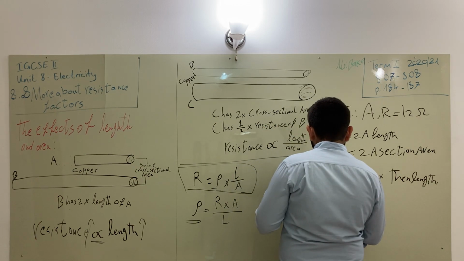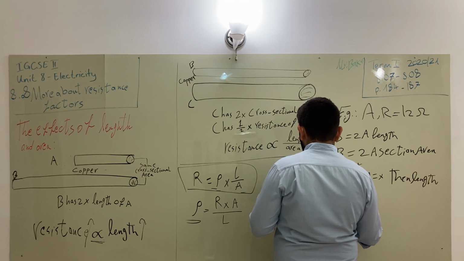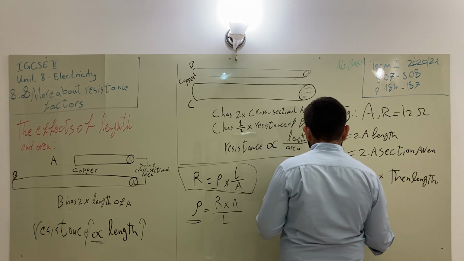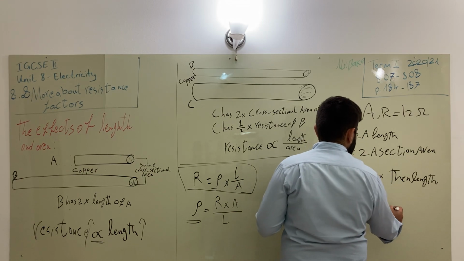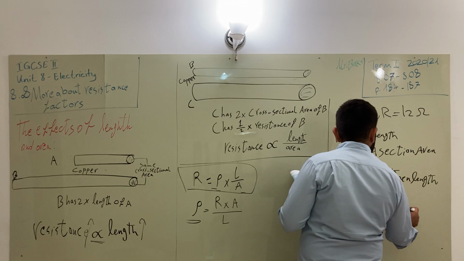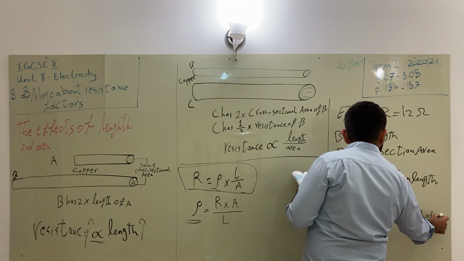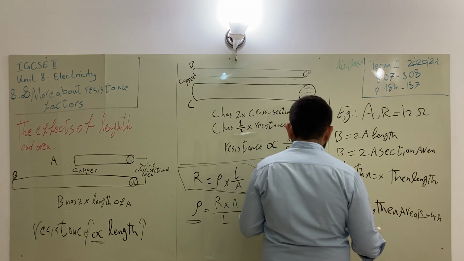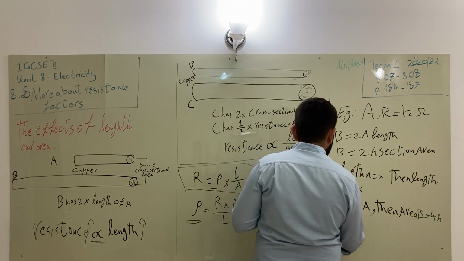Now if area A is A, then area B, as we said with the circle, should be 4A. We also have the resistance: resistance A, they gave it to us in the example, is 12 ohm.